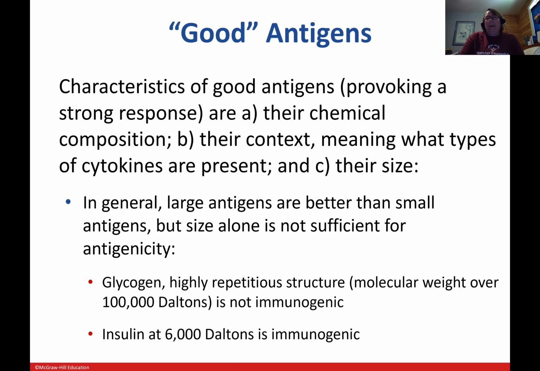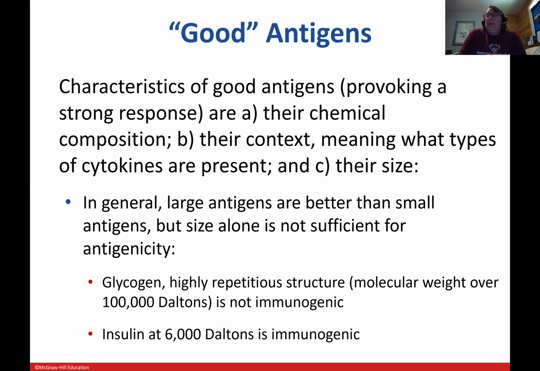Okay, so what makes a good antigen? Probably not from the perspective of our personal health, but in terms of the immune system, what is something that the immune system is going to really strongly react to? First of all, it's the chemical composition. Second of all, it's the context.